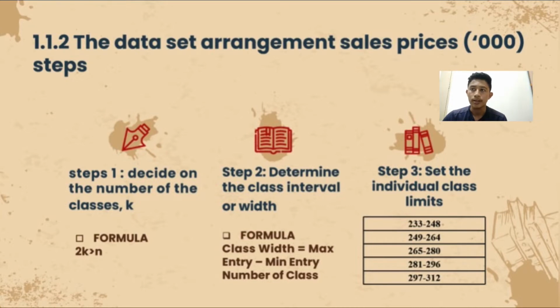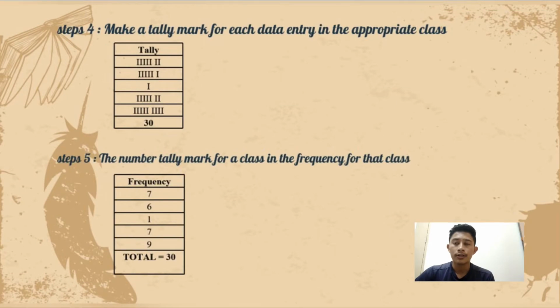Step 3: set the individual class limits, which are 233 until 248, 249 until 264, 265 until 280, 281 until 296, 297 until 312.